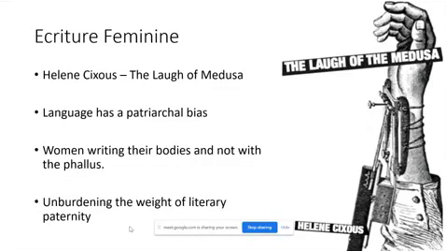In a way, she's also urging women to unencumber themselves from the weight of literary paternity, because women don't have literary mothers to fall back on. So create something, write your bodies, and develop a completely different style, which she calls literature feminine. You have Luce Irigaray, another psychoanalytic feminist, saying something similar, where she shows how to use language differently. She uses a style called mimesis, and she urges women to come up with their own styles.